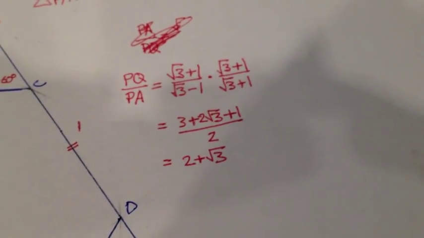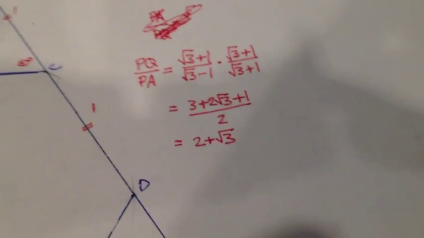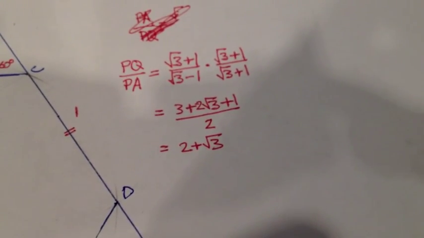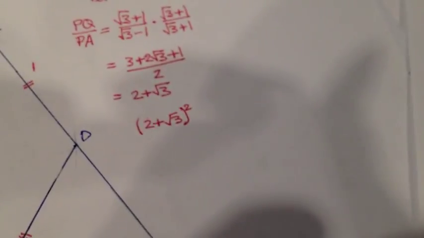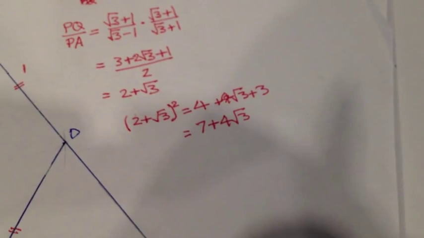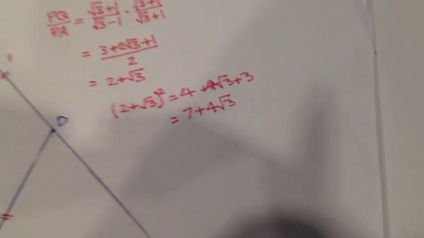So we need to square this, because we are going to use the similar figures theorem. So we know the square of the ratio is 7 plus 4 root 3.